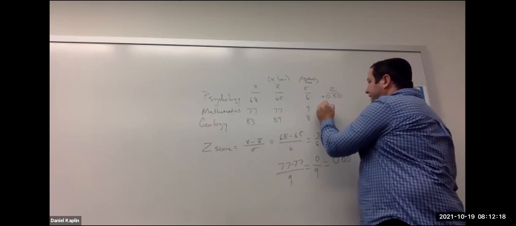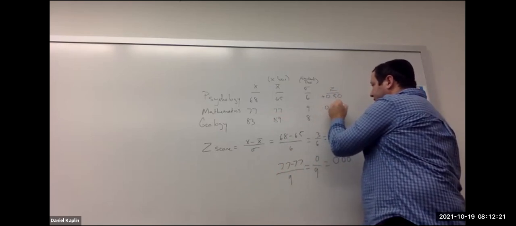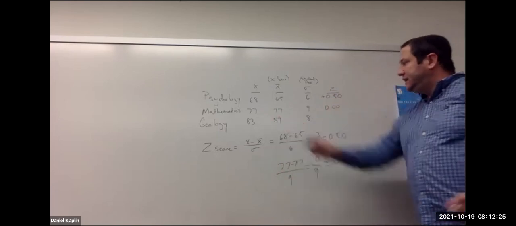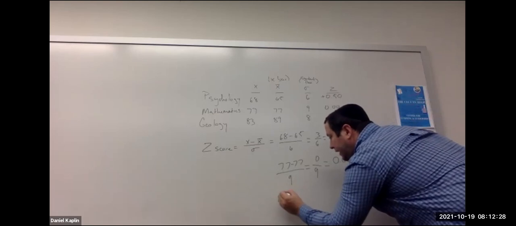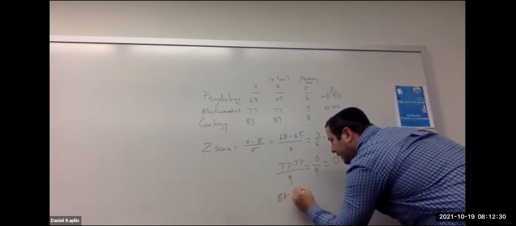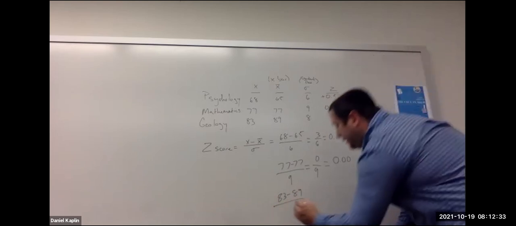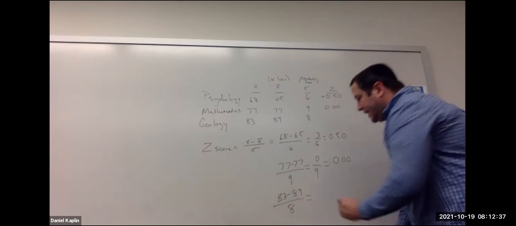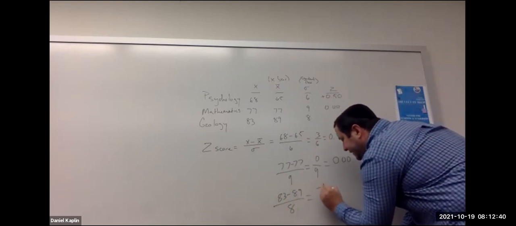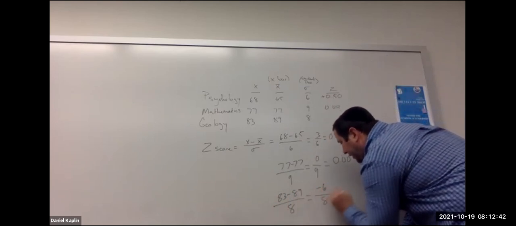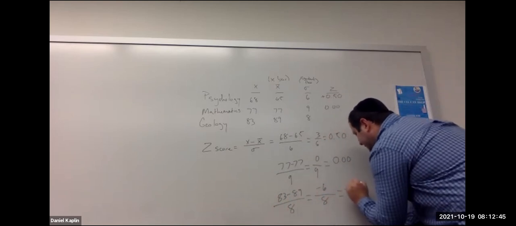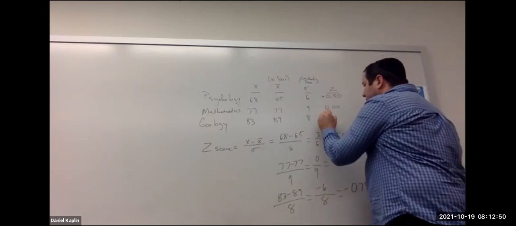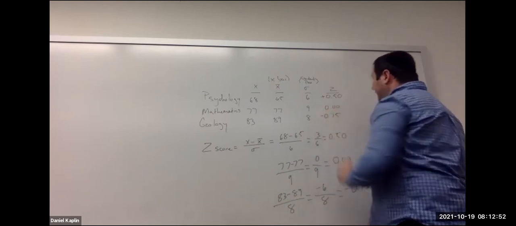So we're going to put that here, 0.00. And then we're going to do the last one, which is geology. 83 minus 89 divided by 8. So 83 minus 89 equals minus 6 divided by 8, or minus 0.75. Okay, so 0.75 in the negative.